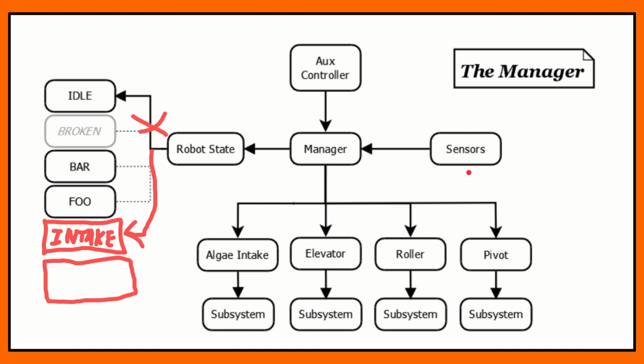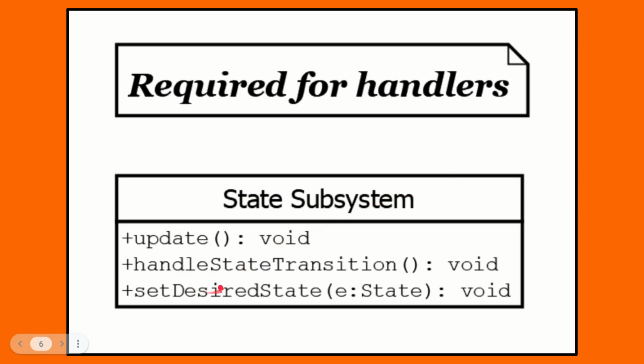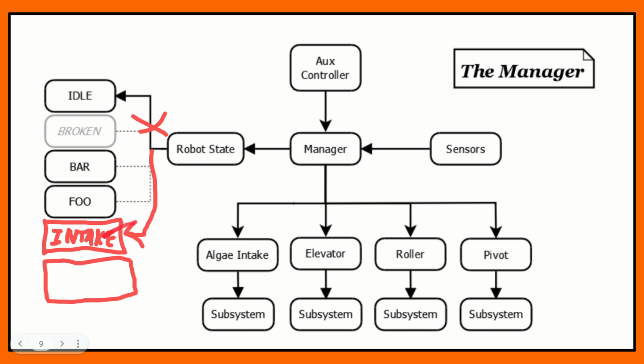If we have the time and we put in a sensor, when the sensor read, oh, there's an algae inside the intake, it would call that set desired state method we talked about so much, and it would change it from intaking to, let's say, hold. Let's say you have something like a claw, or you need to have constant grip on the algae. So then it goes into the hold state.